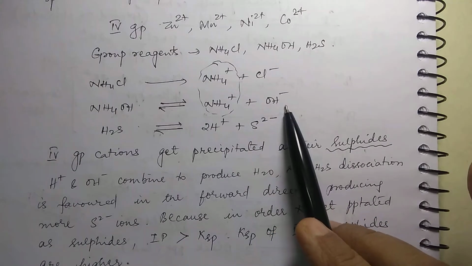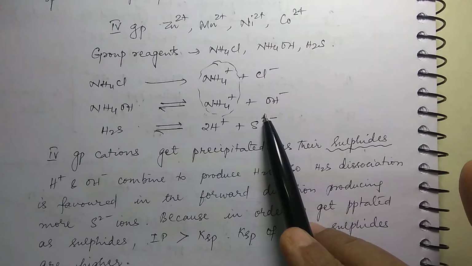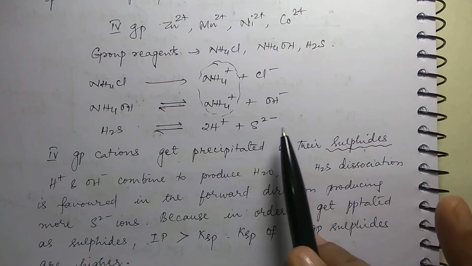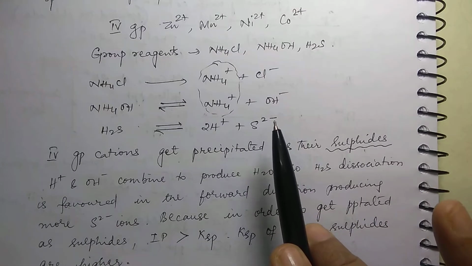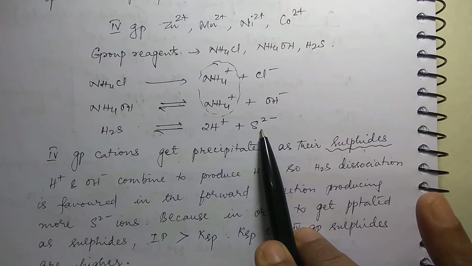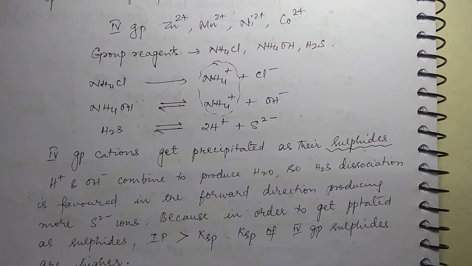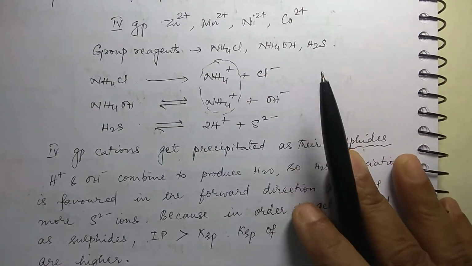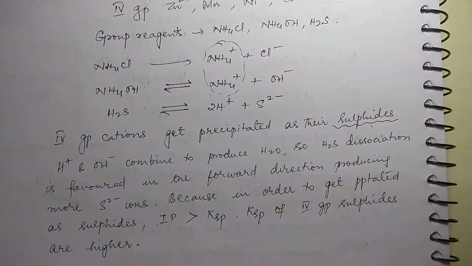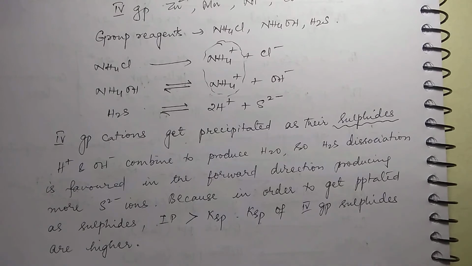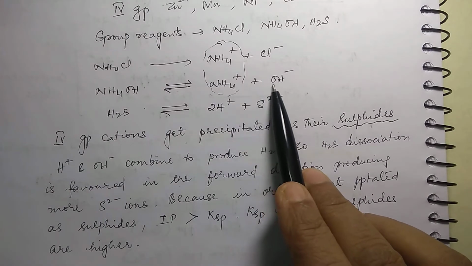That is why this S2 minus production is favored, so that the ionic product of these sulfides exceeds the Ksp values. Okay? Ksp values of sulfides of these ions are slightly on the higher side. So the ionic product, in order to exceed that Ksp, more of sulfide ion is needed.